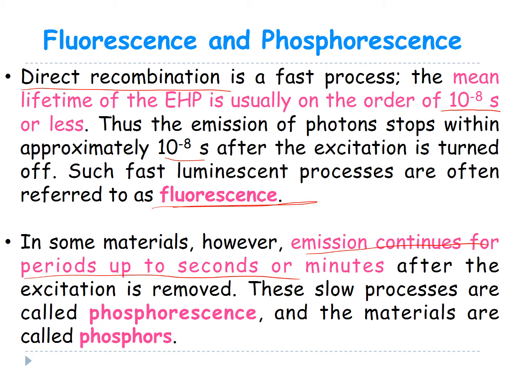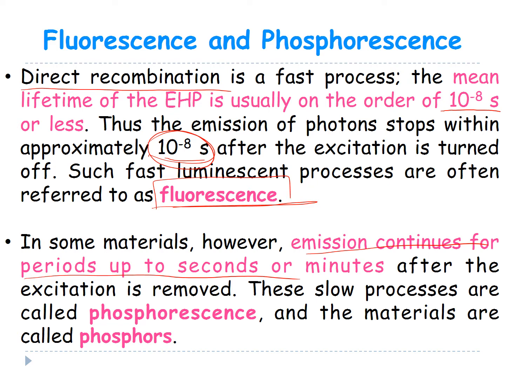So, in summary, photoluminescence can be divided into fluorescence and phosphorescence. And the difference between these two is that when the emission stops approximately 10 to the power minus 8 seconds, we call that fluorescence.